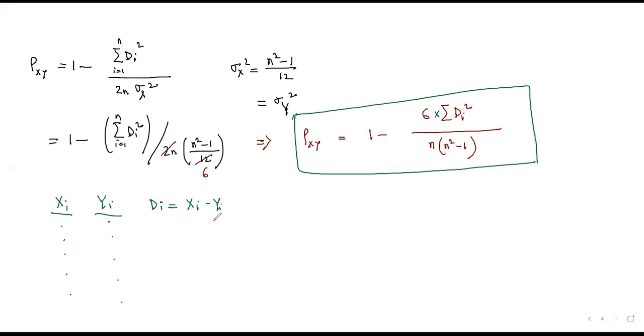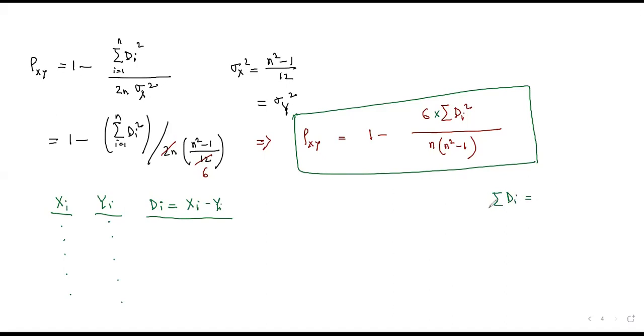You can do it yi minus xi also, because in both cases some of the deviations will be positive, the other will be negative. But always remember that the sum of deviations is always equal to 0. Why is it so?